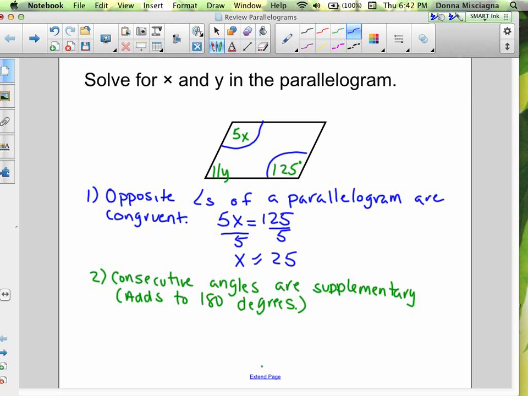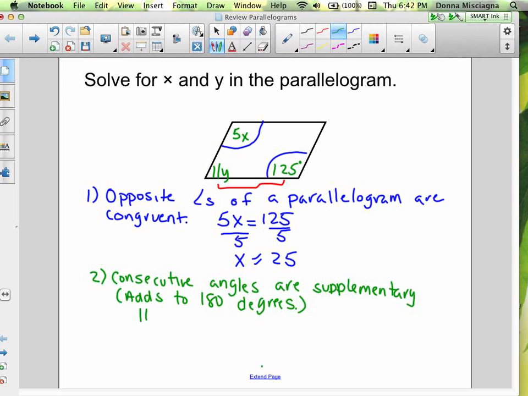Now we want to solve for y. Now if you notice, these two angles here are consecutive angles. They're one after the other. They're not across the parallelogram. They're next to each other in the parallelogram. So that means those two angles are supplementary. So we could add the two angles together, set it equal to 180, and we can solve for y.